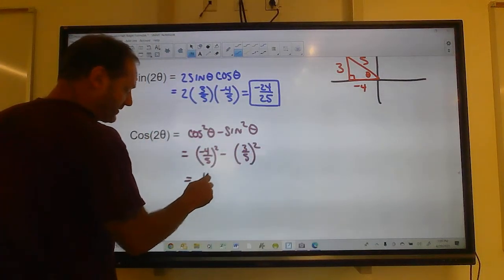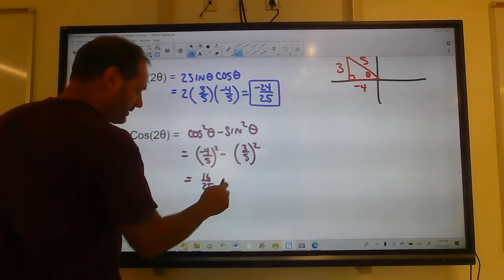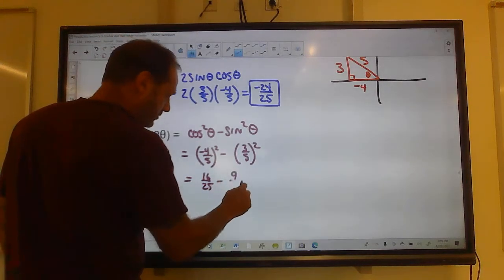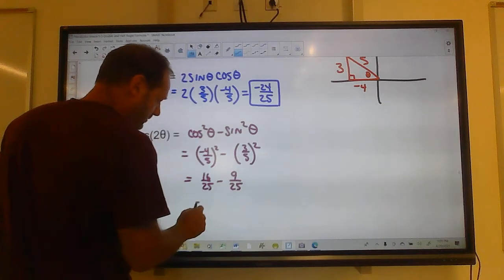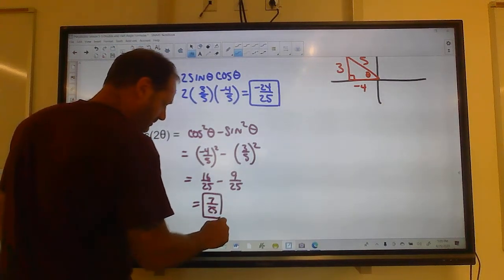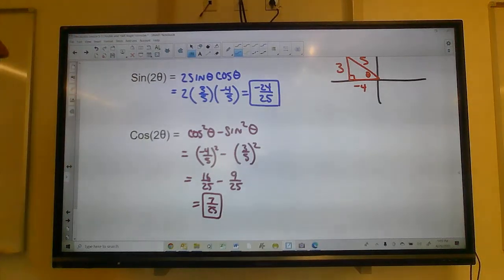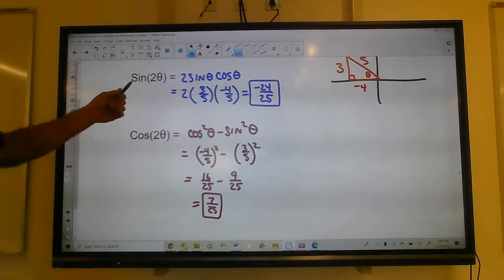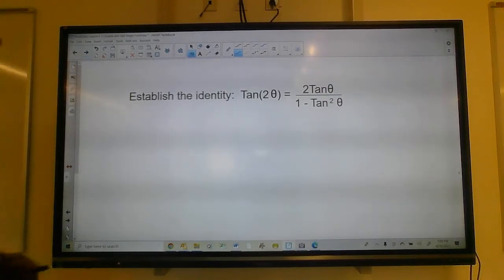So this ends up being 16/25 minus 9/25, which is just 7/25. So these are pretty easy formulas to use.